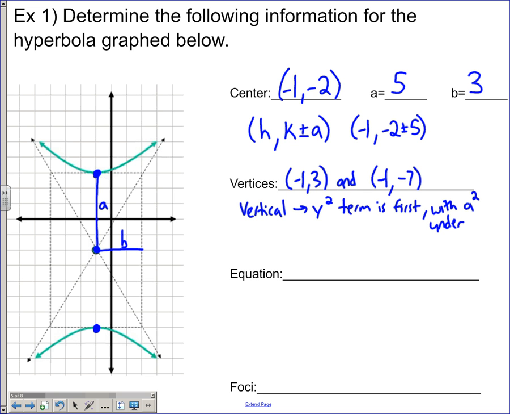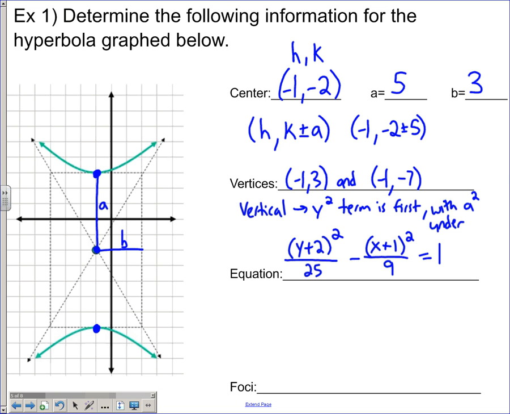So putting together our shift, we've got h and k for our center. K still goes with y, so we've got y plus 2 quantity squared over a squared, which would be 25, minus, because it's a hyperbola, we have minus, and x minus h would be x plus 1 quantity squared over b squared, which is 9. Still equal to 1, just like an ellipse.